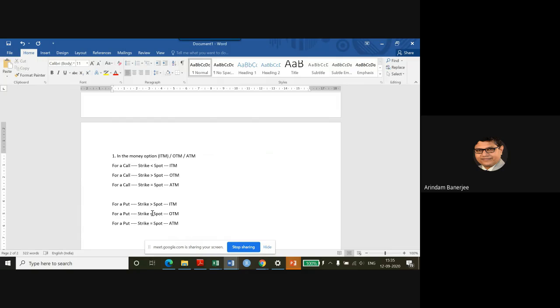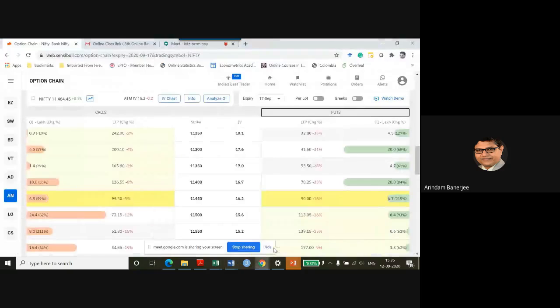Lesser than spot, then it is OTM. Otherwise, it is ATM. We can have a view of this option chain.